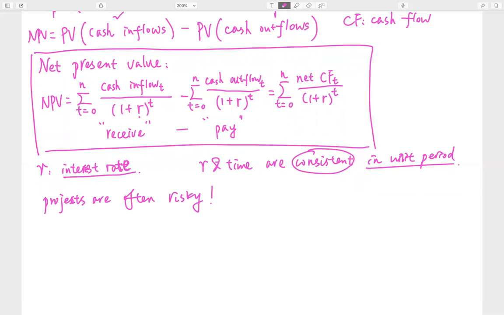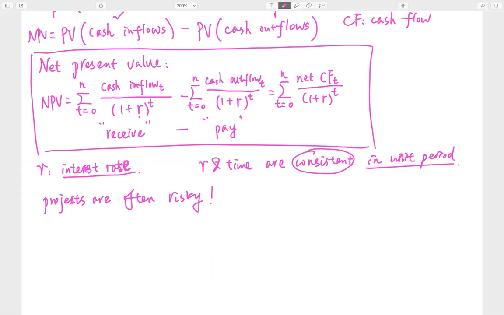A savings account can promise you 1% return, and by the end you will get 1% return. But many business projects are risky, meaning what you see in the proposal may not be the realization. It may promise to give you $5,000 each year, but in the end, the business can go down and you may end up getting nothing.